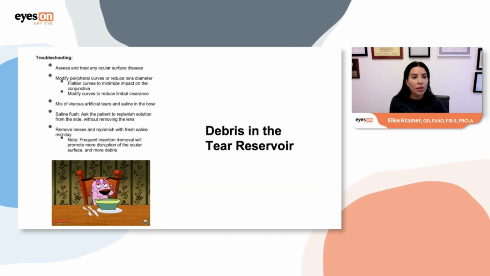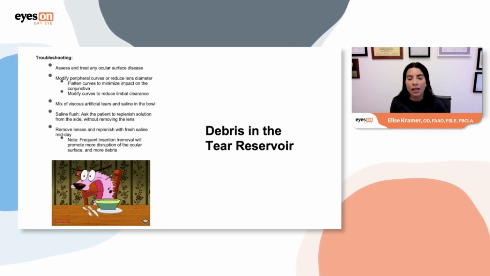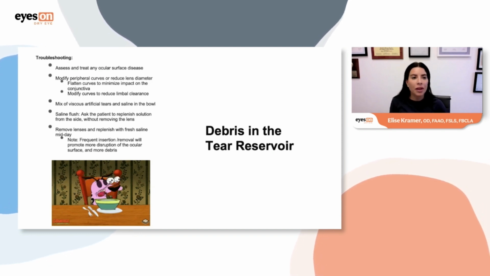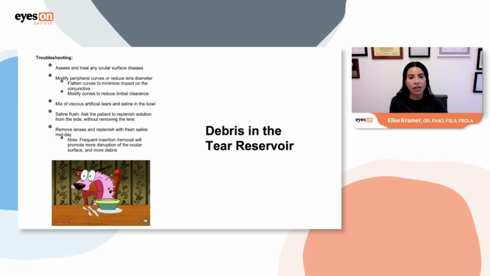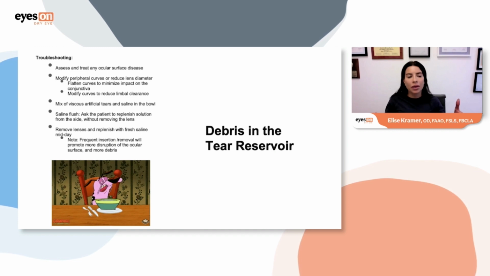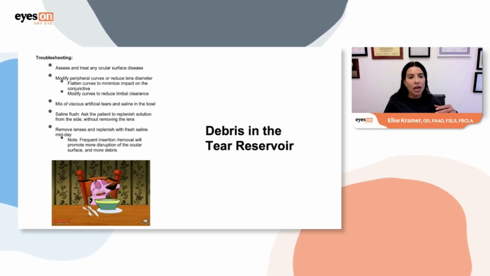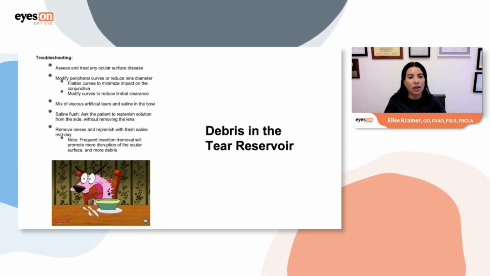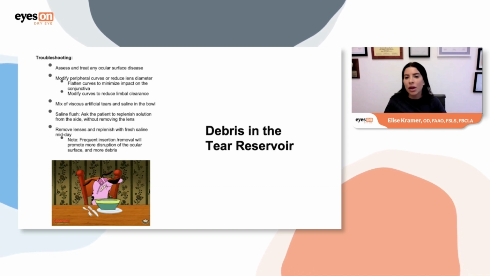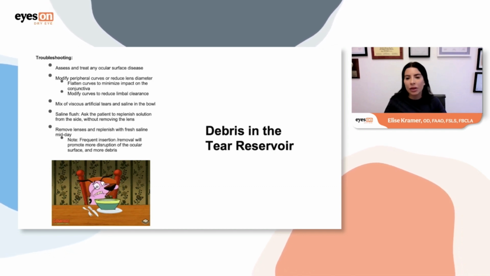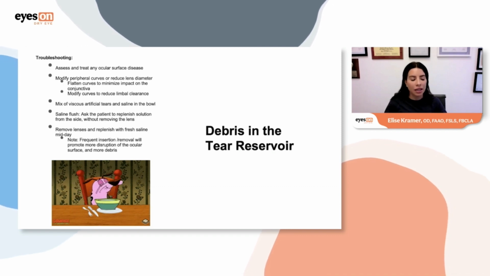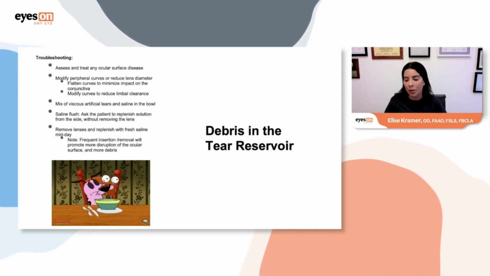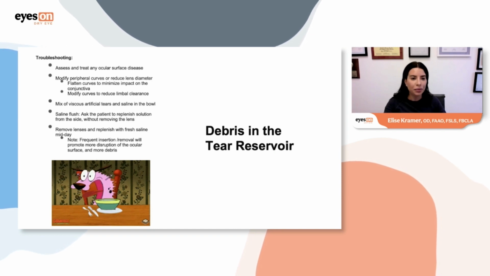You can modify the peripheral curves or reduce the lens diameter. Flattening curves basically will minimize the impact on the conjunctiva, so will improve tear film exchange. And you can also modify the curves to reduce limbal clearance, because remember that excessive limbal clearance will cause that negative pressure and attract debris into the tear film reservoir.